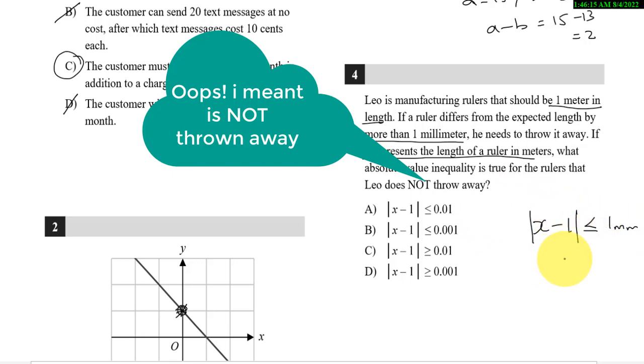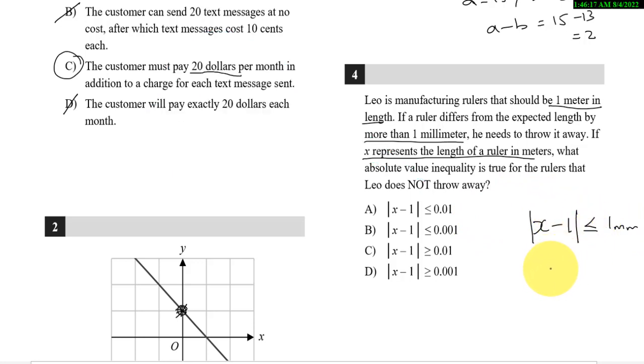Now we know that 1 meter represents 1,000 millimeters. So this basically means |x − 1| is less than or equal to 1 out of 1,000. So |x − 1| is less than or equal to 0.001. So the answer is B.